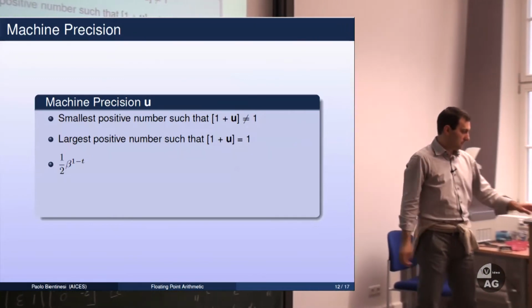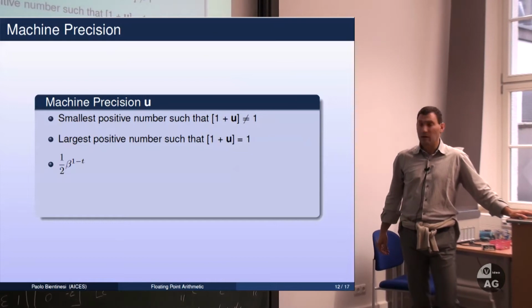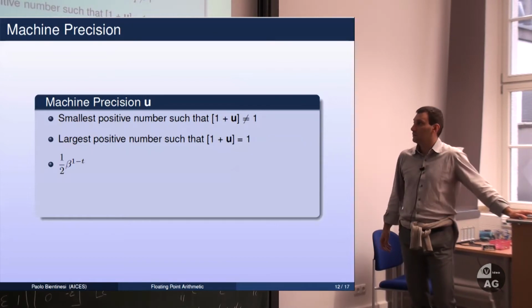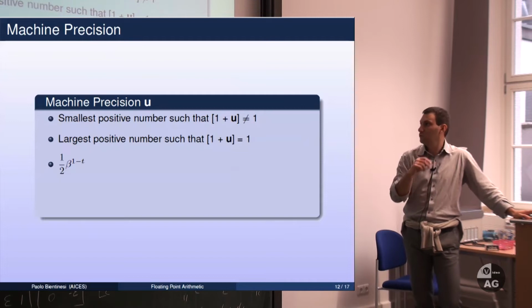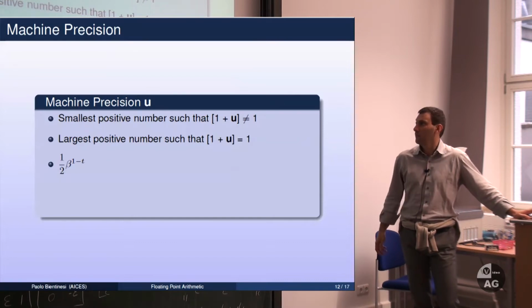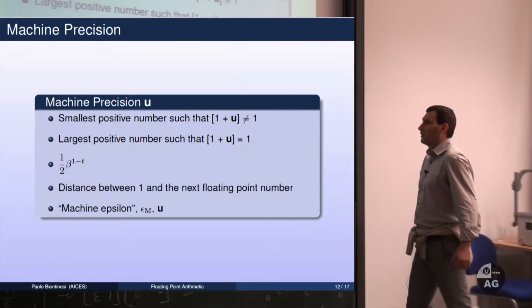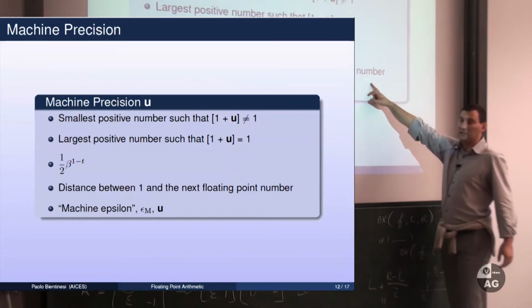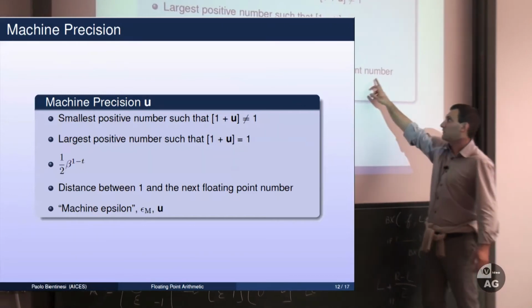That's it. In double precision, that is 2.2 times 10 to the minus 16. It's also the distance between 1 and the next floating point number.